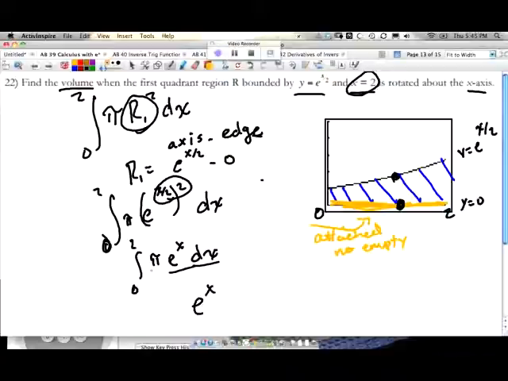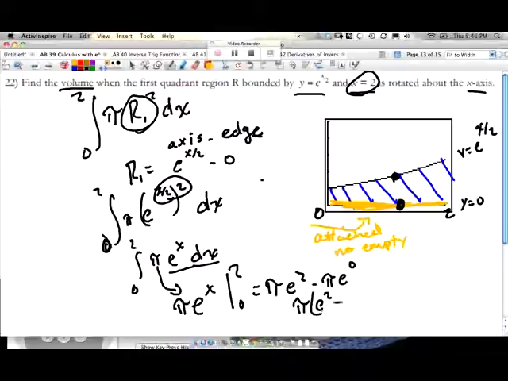And that pi, what happens to that? That's a constant, so it kind of tags along there. And then we're evaluating from 0 to 2, which means we're going to have pi times e squared minus pi times e to the 0, which I could factor out the pi. And then I got e squared minus 1. Check. Done. That was awesome.